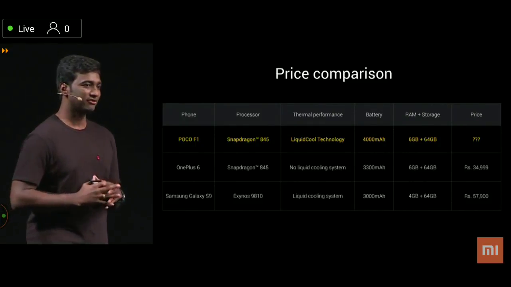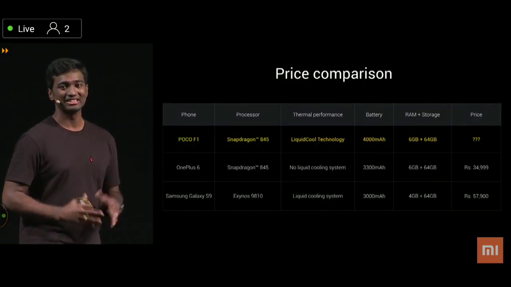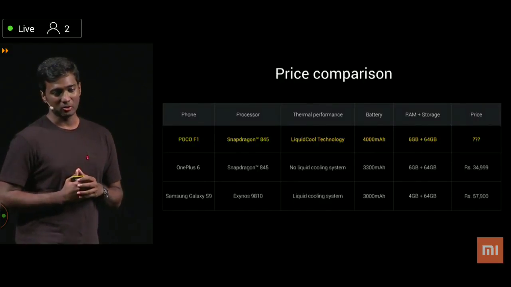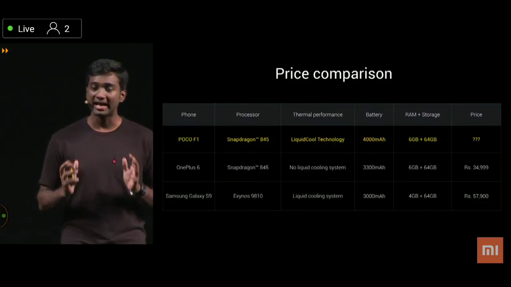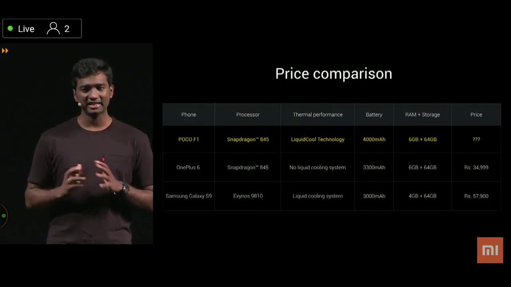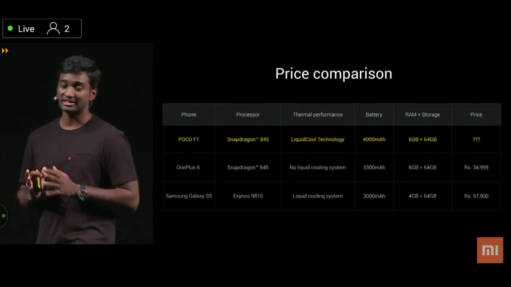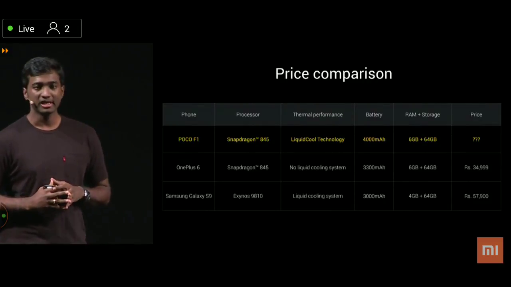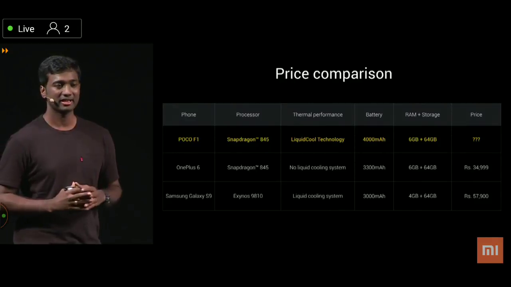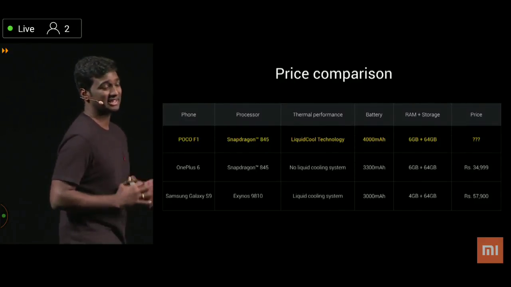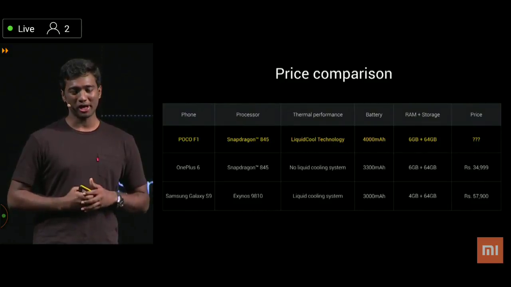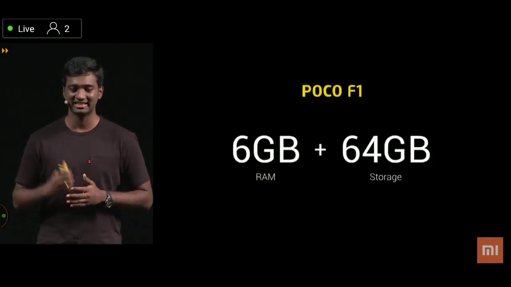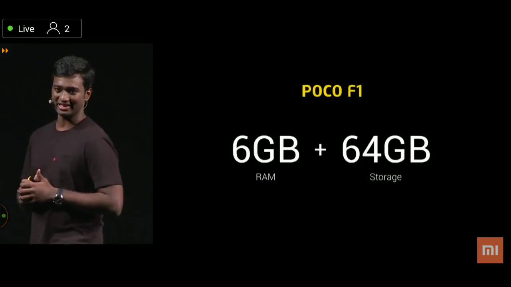The 6+64 variant is priced at 34,999, while the Samsung Galaxy S9 comes with an Exynos 9810, has liquid cooling, but with a 3,000 mAh battery. The 4+64 variant is priced at a whopping 57,900 rupees. The POCO F1 comes with a 6 GB RAM and a 64 GB variant.